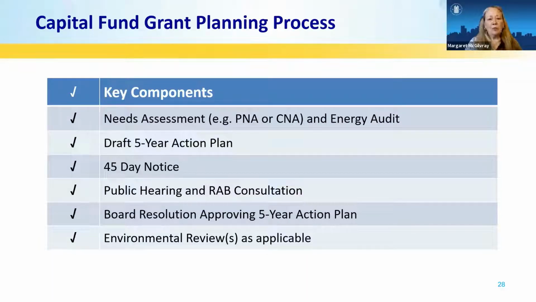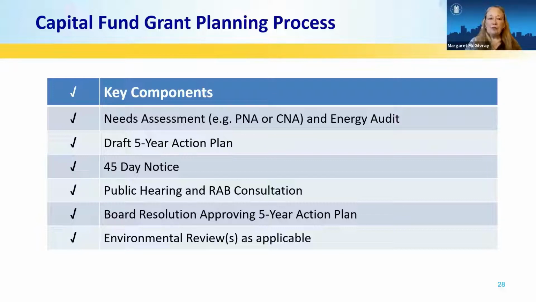Because the timing of the public hearing and approval of the 5-year capital fund action plan may or may not align with the PHA's 5-year and annual PHA plan process, a PHA may use the public hearing and board resolution from its most recent 5-year capital fund action plan.